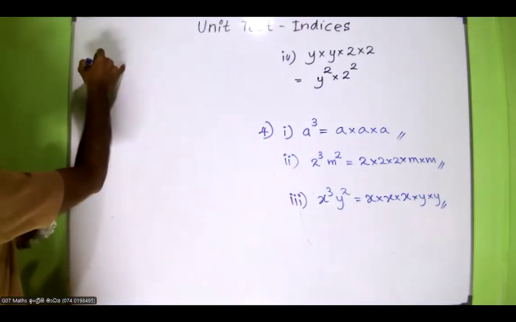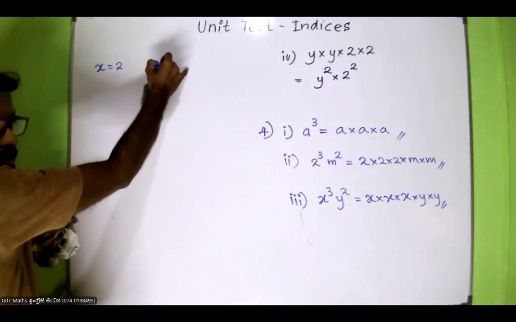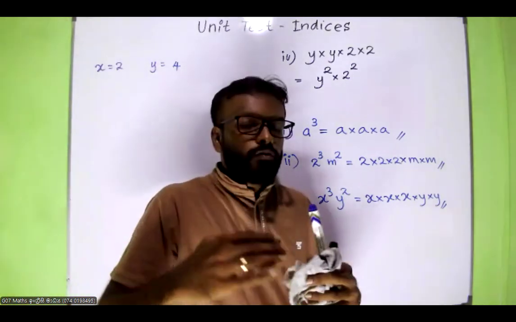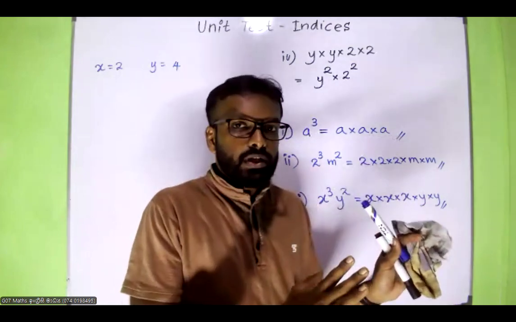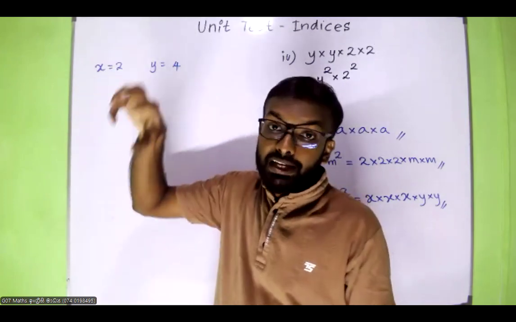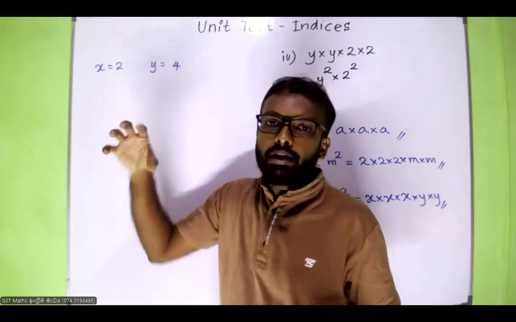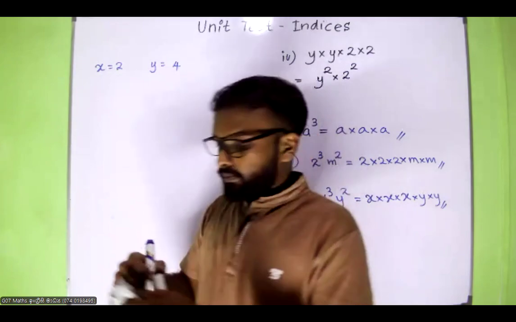So if you expand or do whatever you have done to the expression, where you need x, you have to replace x with 2, you have to replace y with 4, and find the final value of the expression. Okay, let's see. First one.